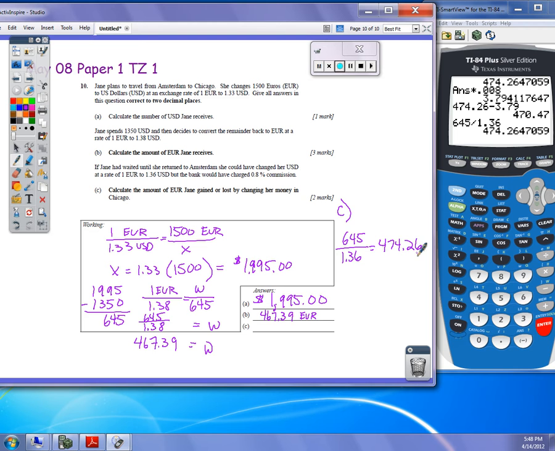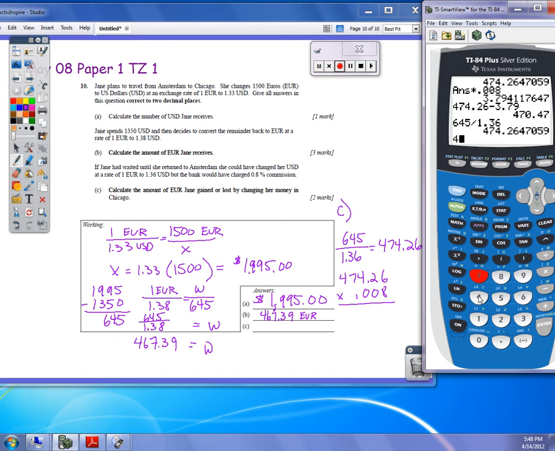But she needs to pay a 0.8% commission. So she's not actually going to get 474, but we're going to take 474.26, and we're going to multiply that by 0.008. That's her 0.8% commission. Remember, we want to move that decimal place over two places. 474.26 times 0.008.